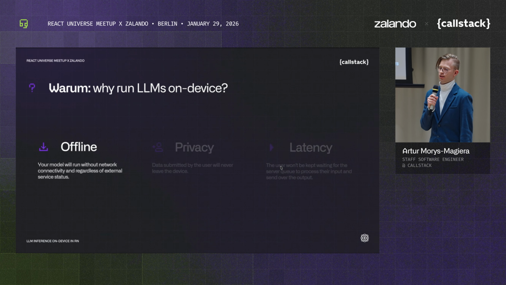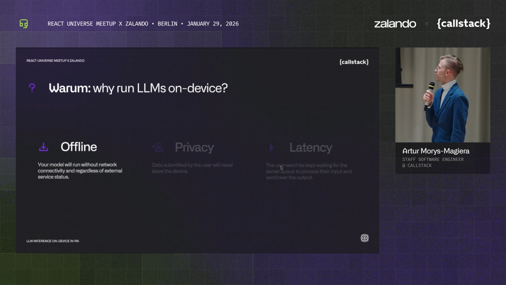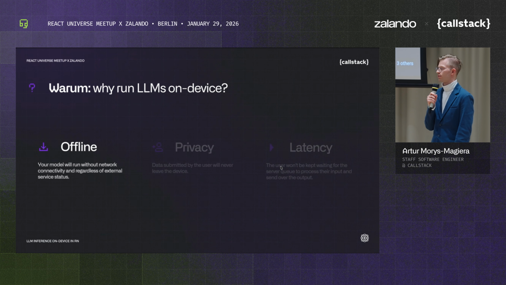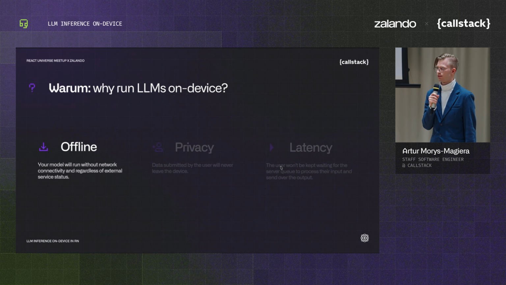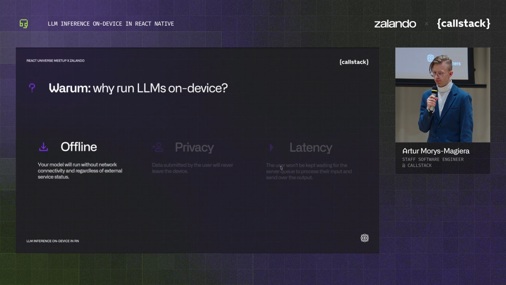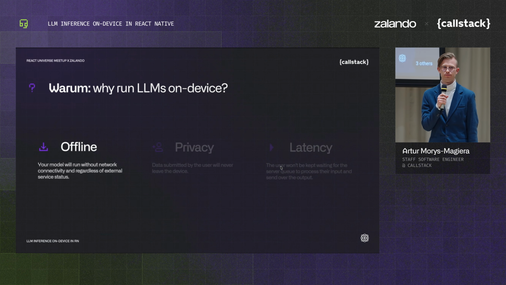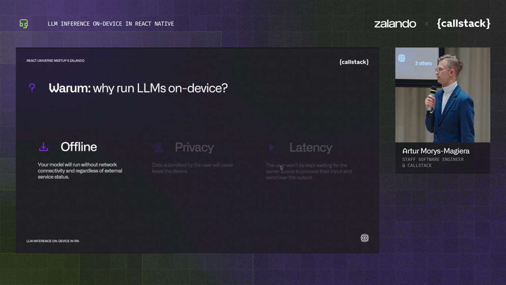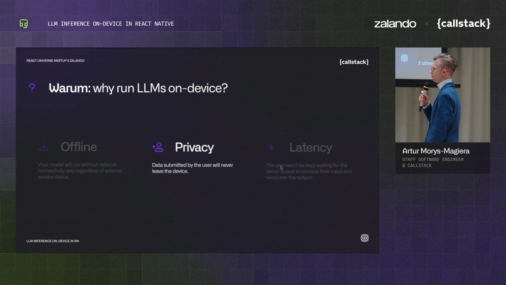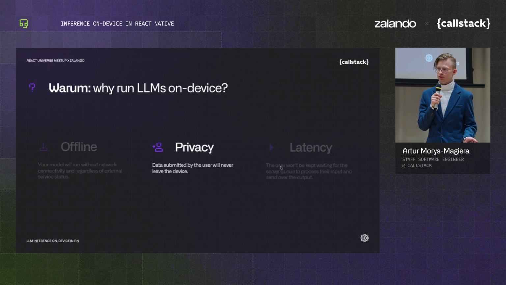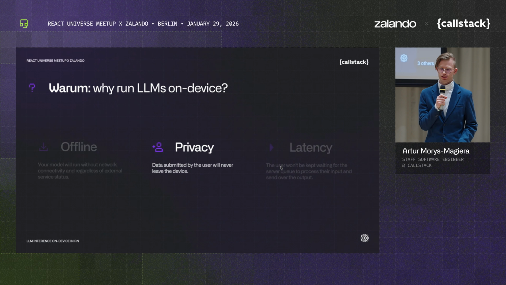The answer is, the first reason is reliability. We may want the offline experience, so that our model runs regardless of whether the server provider of our model is available, regardless of the state of the network for the user, whether it's fast, whether it's even available or not. And the second reason, which is privacy, is partly implied by the first one, because if we hermetically process all the data inside the device, it never leaves it.